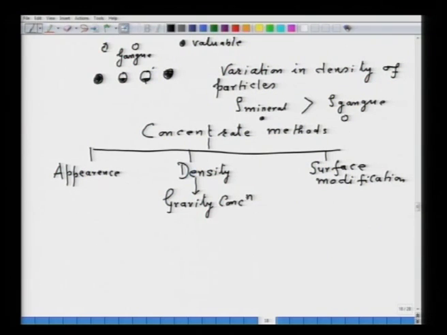In gravity concentration methods we have one which is called heavy media separation, that is, you select the medium of some density, so that the particle containing minerals can be floated or can be sink depending on the density of the medium.